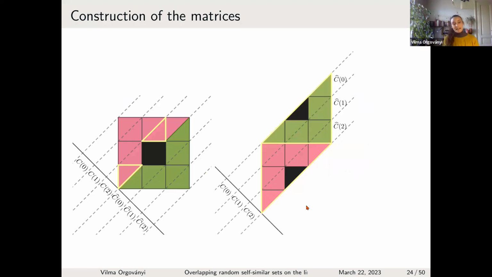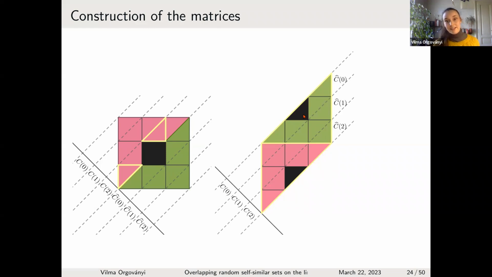But we will actually only consider 3 columns, and this is because if we go to further levels, then we will see that a triangle which is of this pink type and the triangle which is of this green type are in the same column.